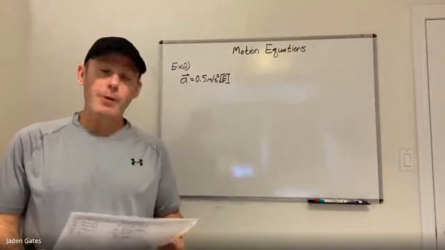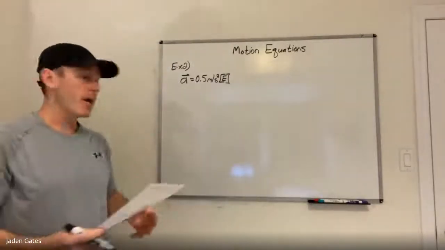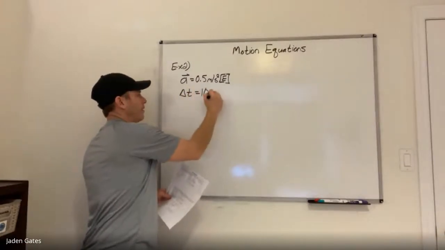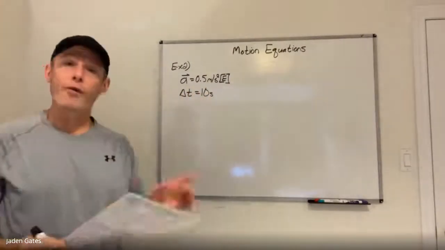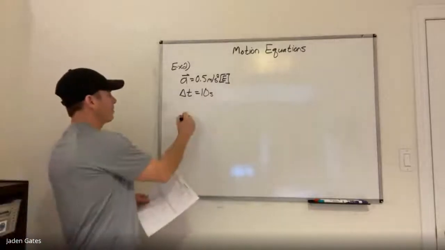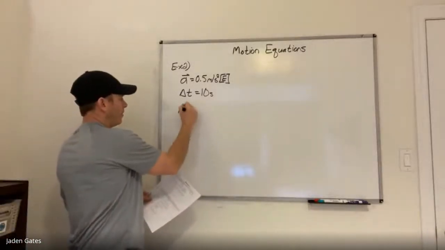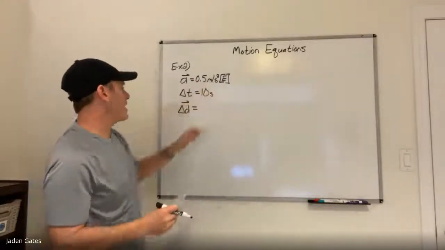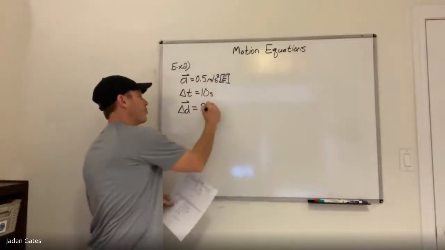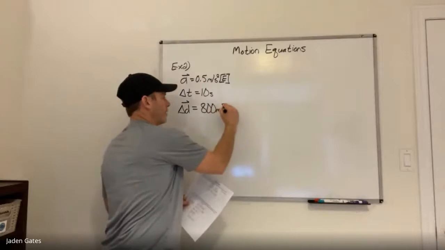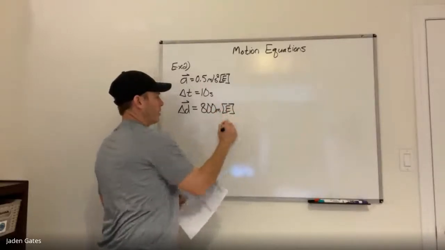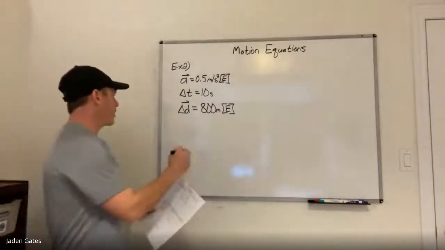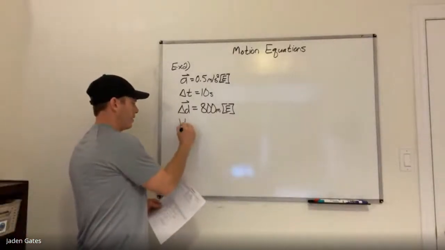Second sentence, if the police car accelerates for 10 seconds, delta T is 10. Over a distance of 800 meters. If it's accelerating east, then the displacement must also be east. So it's moving along. What is the police car's final velocity?